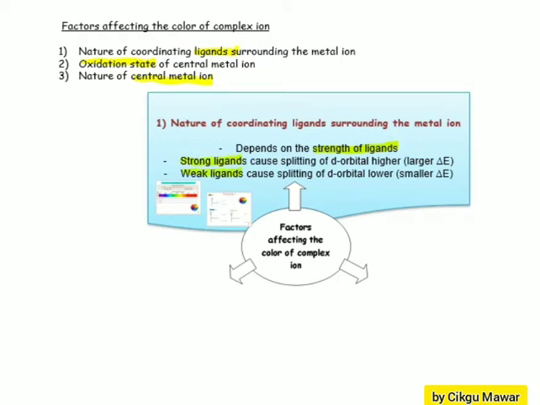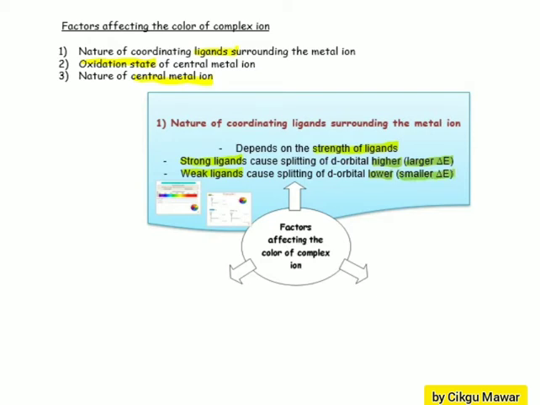A strong ligand causes the splitting of the orbitals to become higher, which produces a larger energy difference. A weak ligand causes the splitting of the orbitals to be lower, which causes a smaller energy difference.